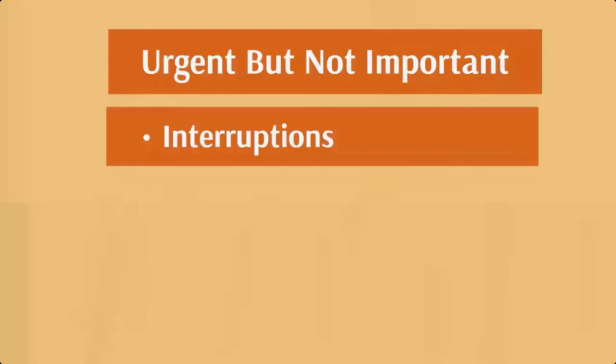But up until this point, we might be taking every single phone call that we get. So assuming that it is urgent but not important, and not in the urgent but important category, that's going to help us categorize and prioritize in that sense.